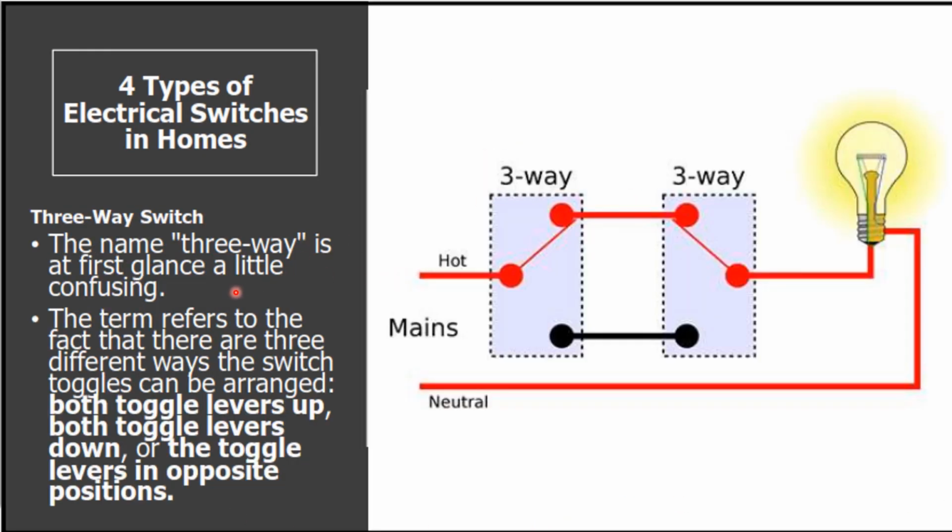The name three-way at first glance is a little confusing. The term refers to the fact that there are three different ways to switch: 1, 2, and 3. Both toggle levers up, both toggle levers down, or the toggle levers in opposite positions. If you toggle this one down, there is no circuit and the lamp will still shut off.